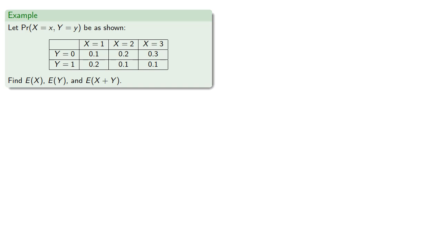So for that, we'll need the probability that x is any one of its possible values, 1, 2, or 3. For the probability that x equals 1, those are the probabilities of all our possible outcomes where x equals 1 and y equals whatever it is.